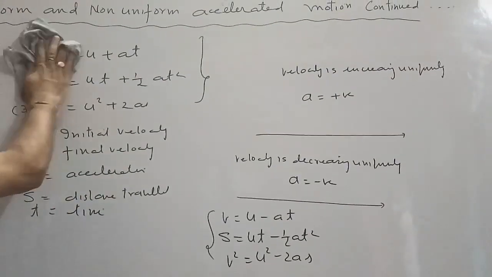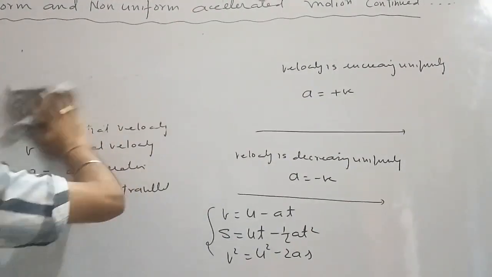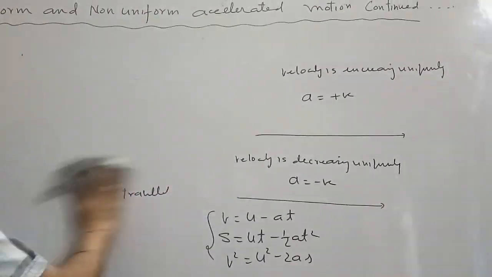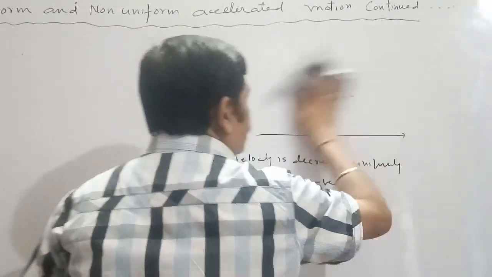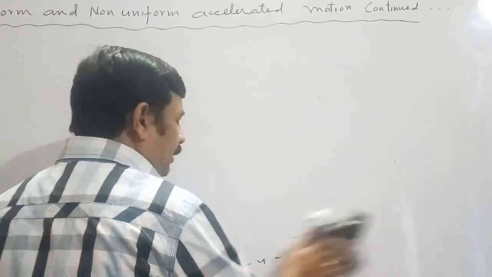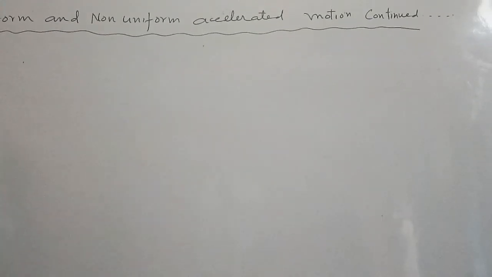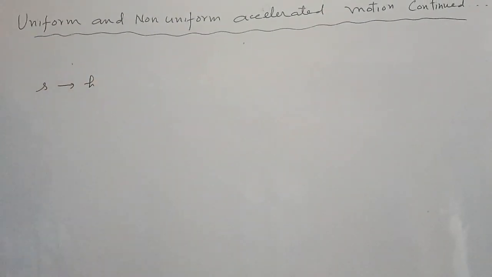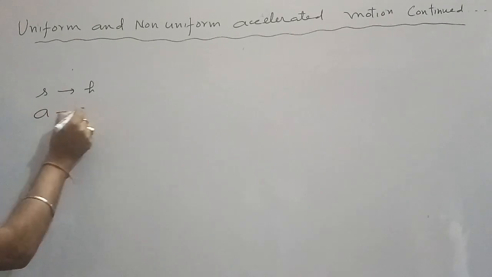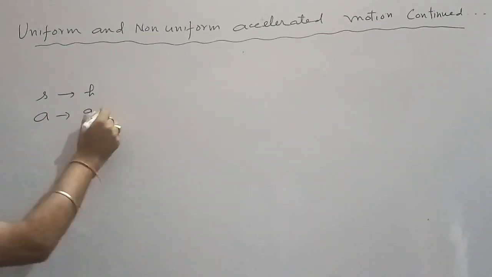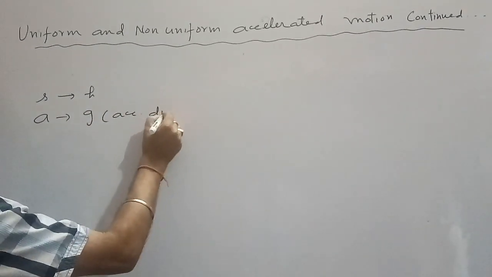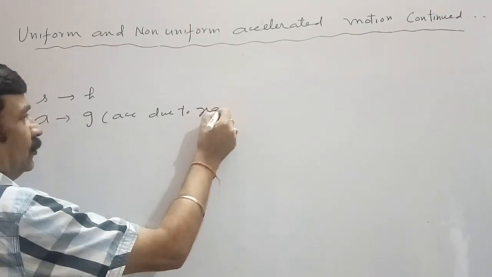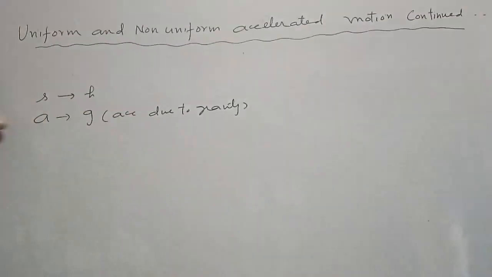If instead of horizontal motion, the body is moving in a vertically upward or vertically downward direction, then distance or displacement S is replaced by H, height, and acceleration A is replaced by G. Here G is called acceleration due to gravity.